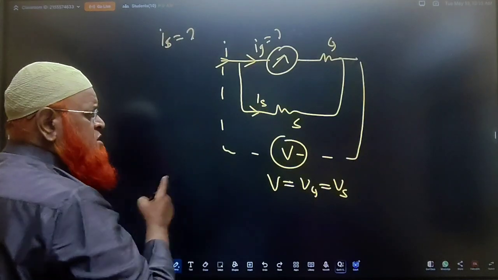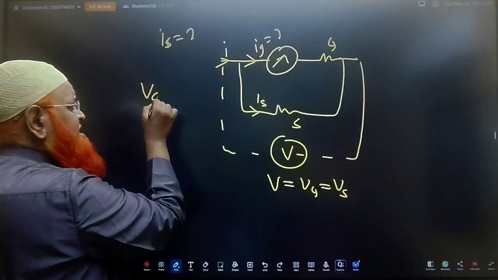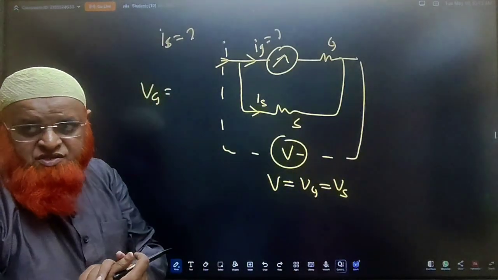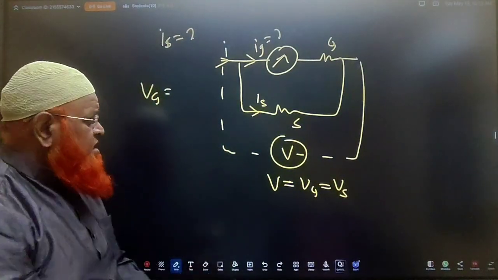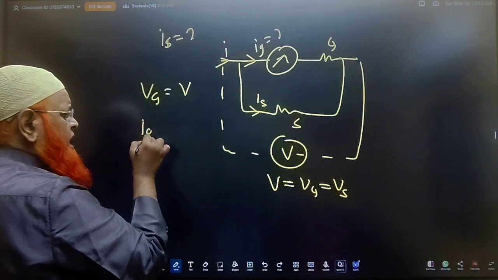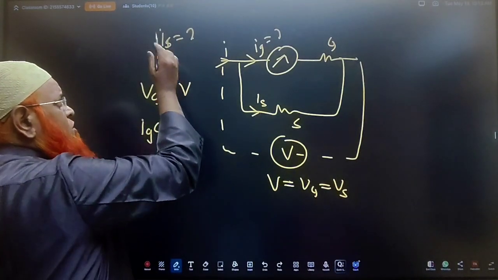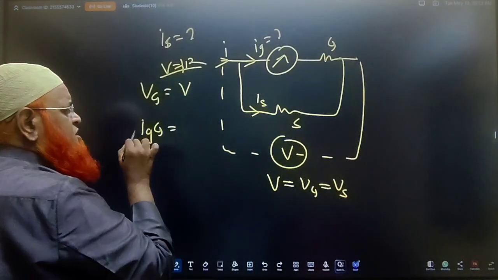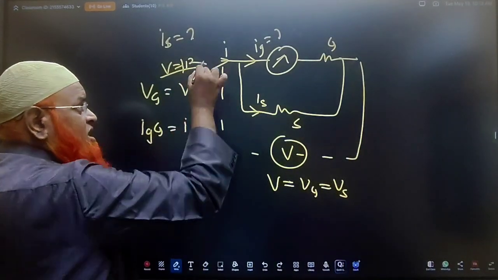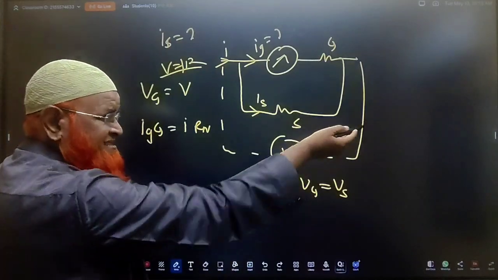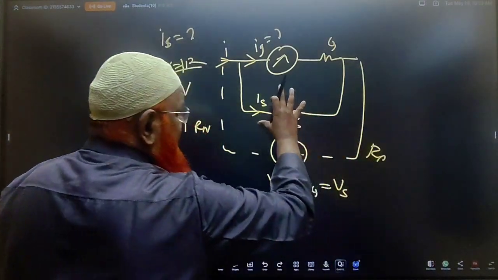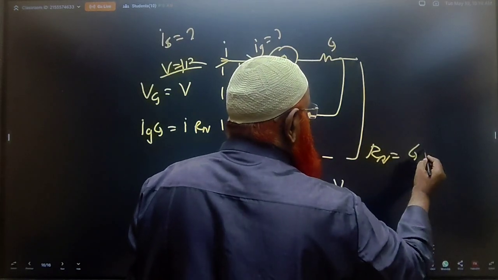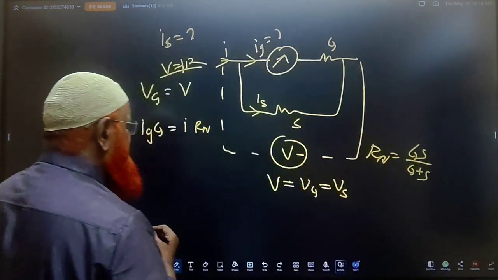So to find out the galvanometer current, compare the galvanometer voltage, which is always equal to the total voltage, because they are connected in parallel, isn't it? So Vg is equal to V. So Ig into G, because V is equal to how much? The general formula is V is equal to I into R according to Ohm's law. So Ig into G is I, total current, into R net, total resistance there. Total resistance, as they are connected in parallel, R1 R2 by R1 plus R2, is nothing but G into S by G plus S. Hope you are understanding now.